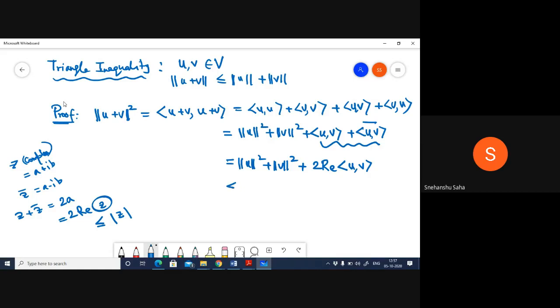So I can now replace this equality sign with an inequality if I simply use the facts of complex numbers, right? The real part of the inner product of u and v must be smaller than the magnitude of the inner product of u and v itself, isn't it? Right? Are you able to follow this? Simple. It follows from the properties of complex numbers, right?